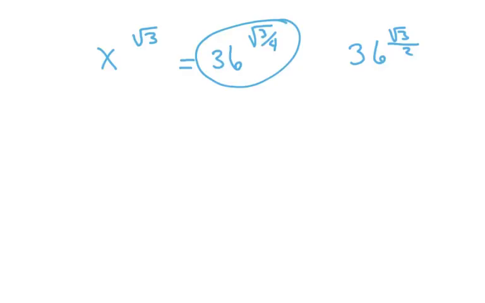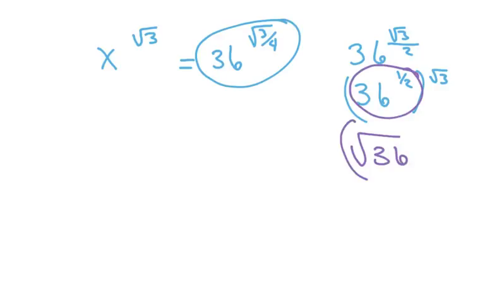Now this is also 36. I can write this as 36 to the 1/2 times square root of 3. So basically this is the same as square root of 36. Square root of 36 is 6. So I'm going to write square root of 3 equals 6 square root of 3.